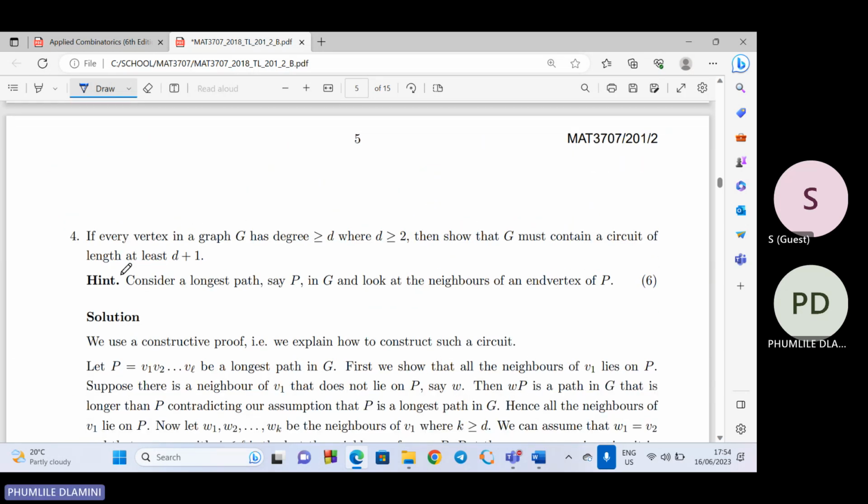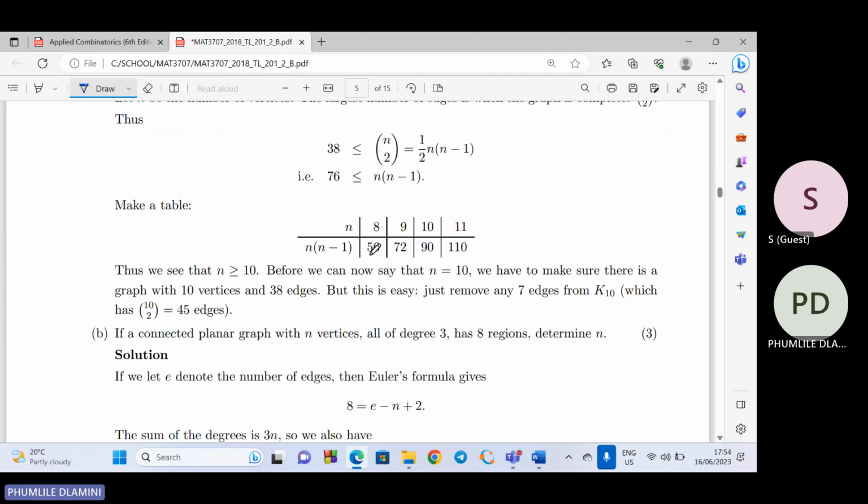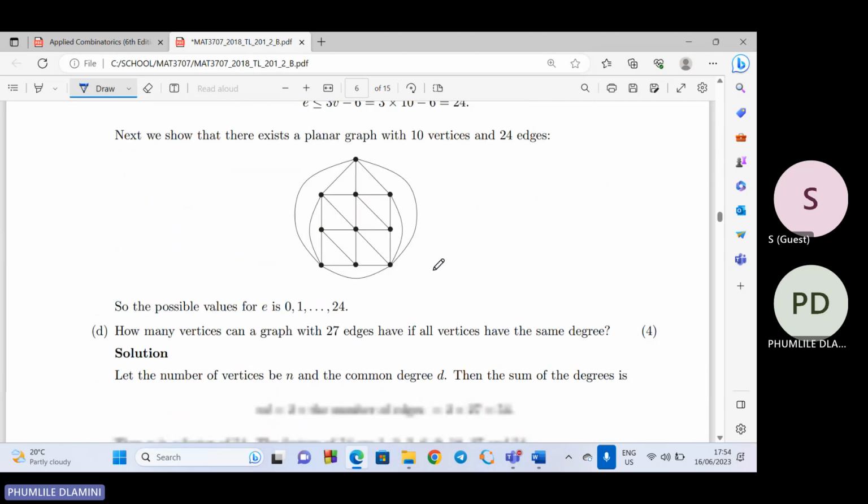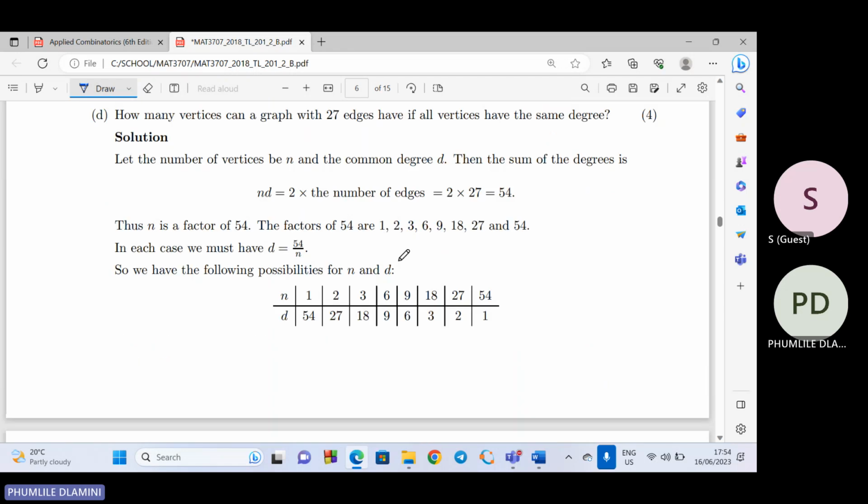The others, we won't do today. We haven't started with this one; we have to do the circuit one first. So we will do it when we have started.